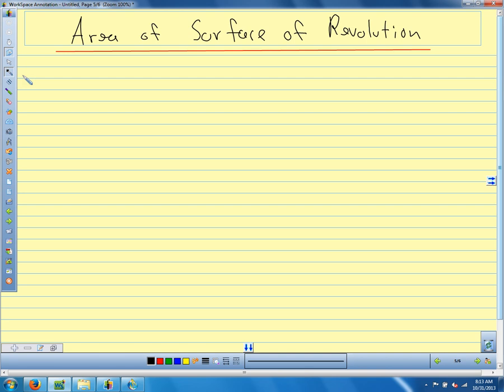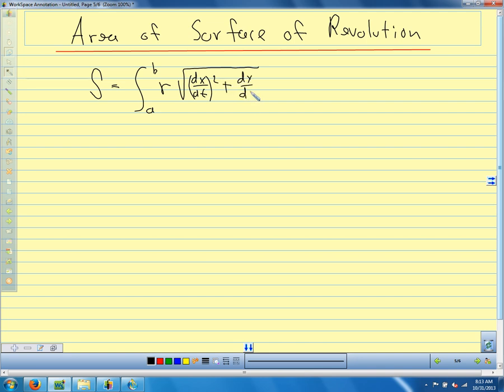So we're going to start with our surface area integral for polar coordinates, or in parametric equations. We said that our surface area was the integral from a to b of R, whatever our radius of revolution was, times the square root of (dx/dt) squared plus (dy/dt) squared dt.